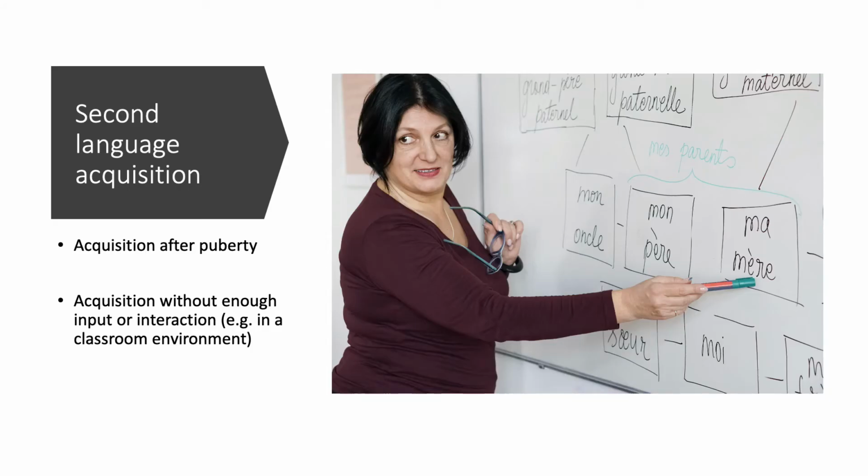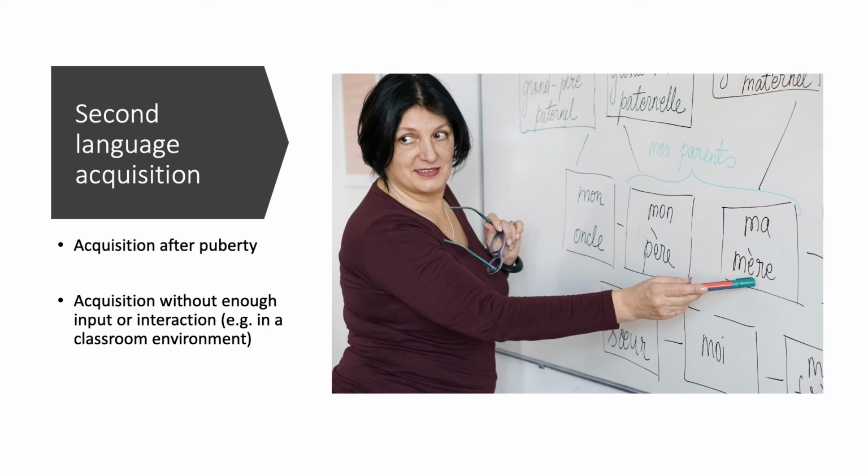Second language acquisition is quite a different process from simultaneous and sequential bilingual acquisition in early childhood. We talk about second language acquisition when referring to the process of learning a second language after puberty in adulthood, or learning a second language even from childhood, but without enough input or enough interaction that could allow for native-like competence.